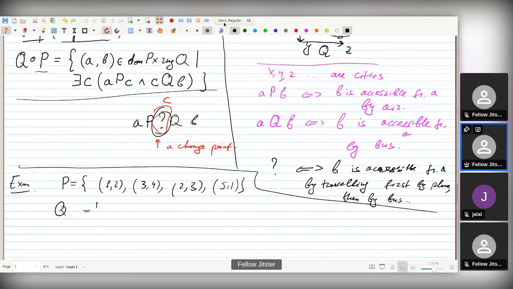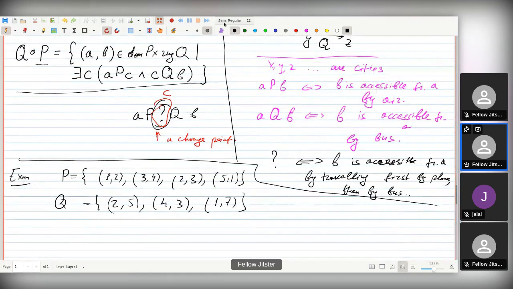And let Q consist of (2,5), (4,3), (1,7). What is their composition?